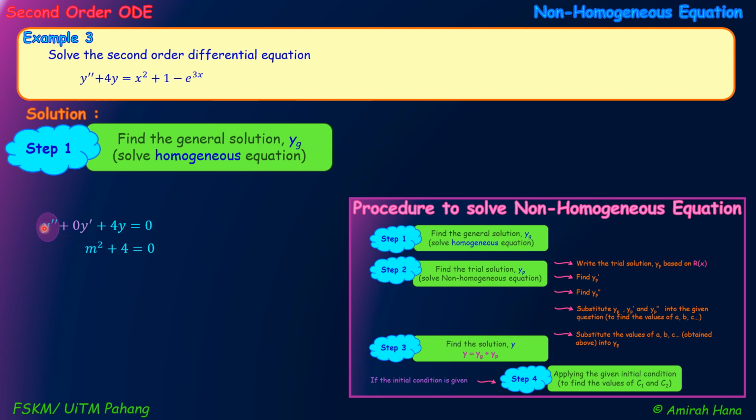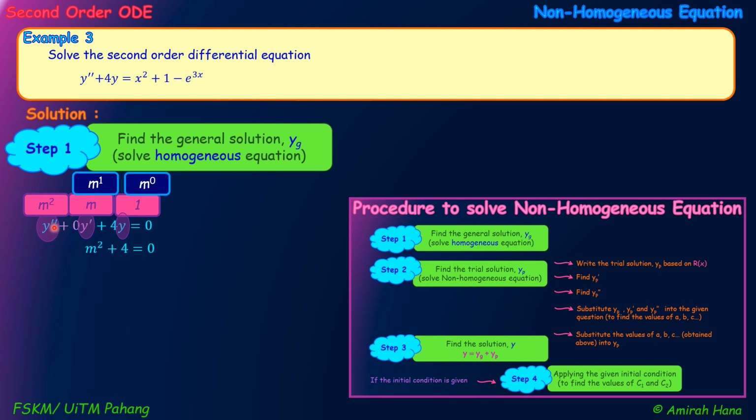Characteristic equation means we replace y double prime by m squared, we replace y single prime by m, which is m to the power of 1, and we replace y by 1, which means m to the power of 0.